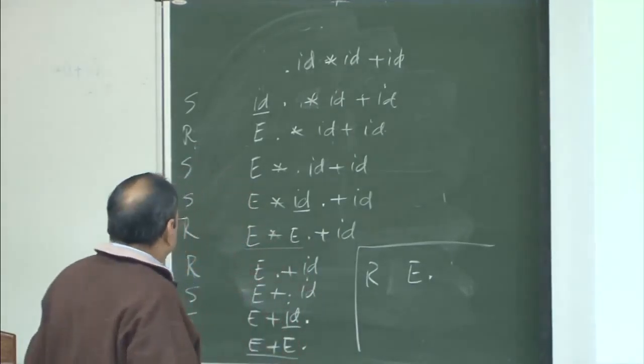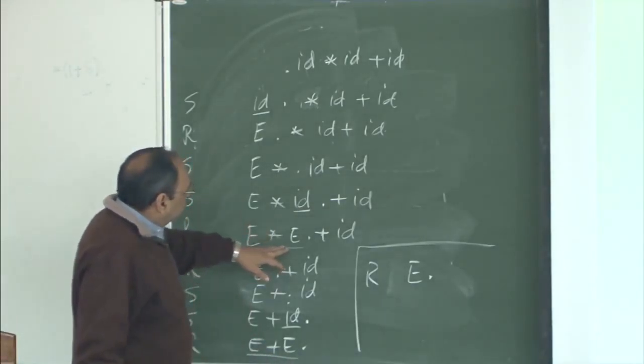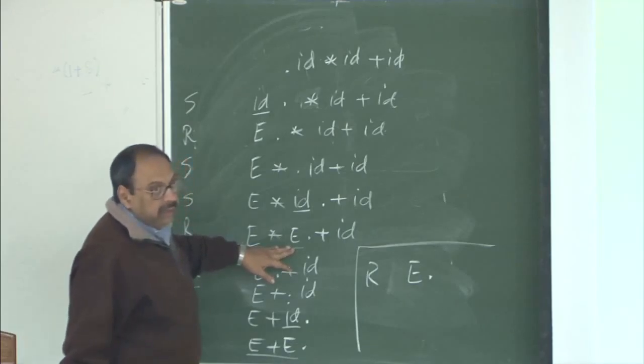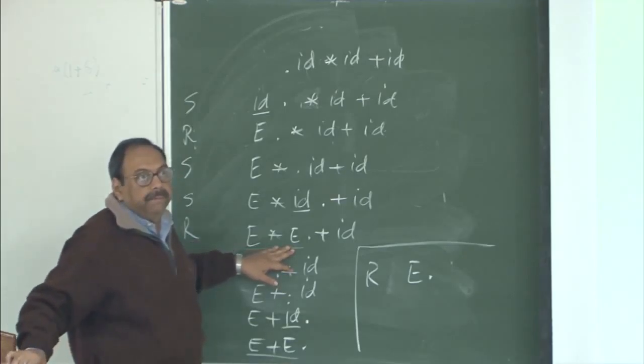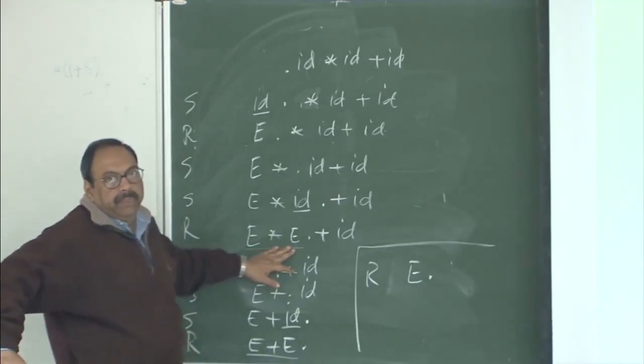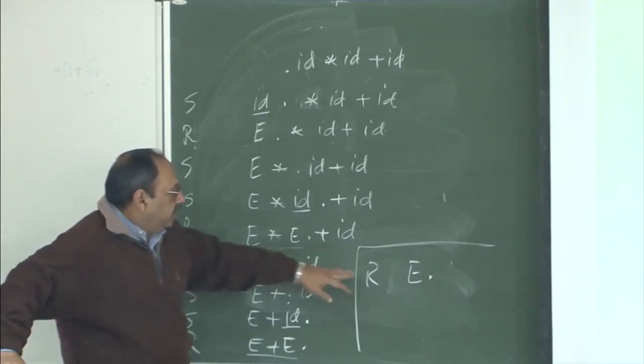Now you can also see in this case, suppose when I had this choice, rather than doing a reduce here, I did a shift, what would have happened? Would I have reached this state finally?